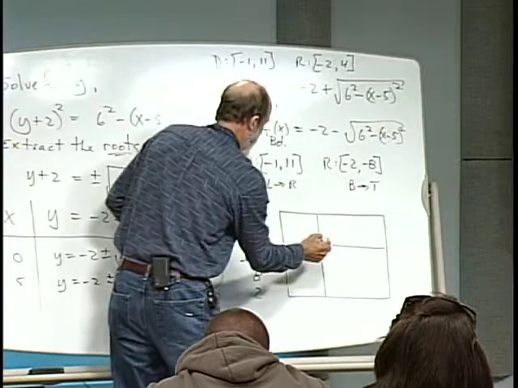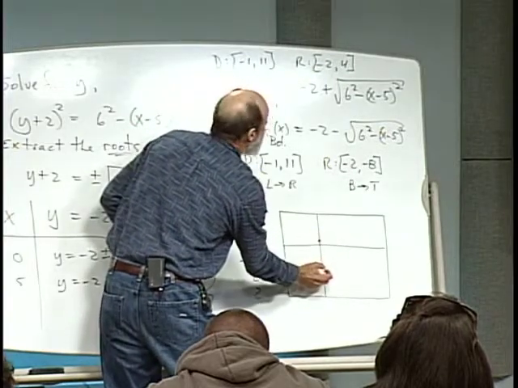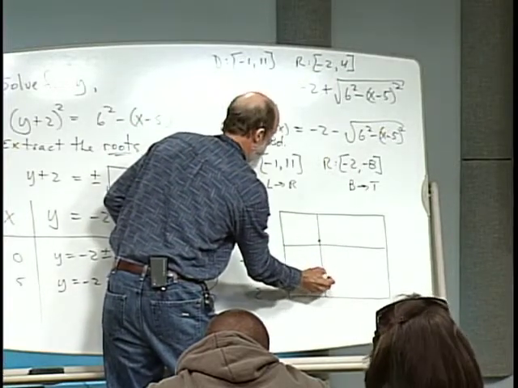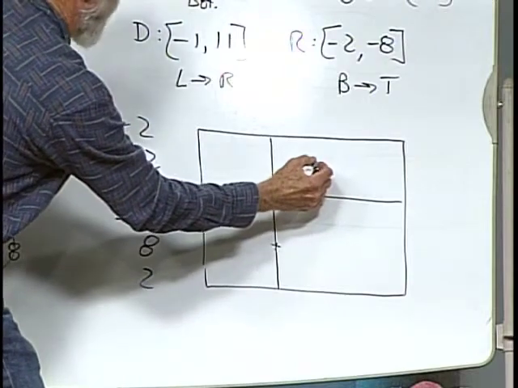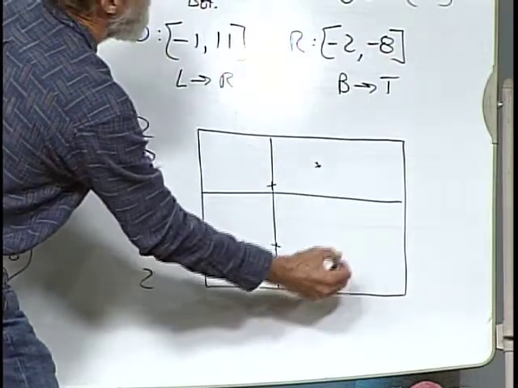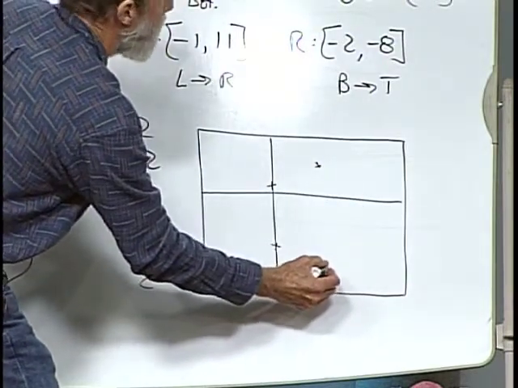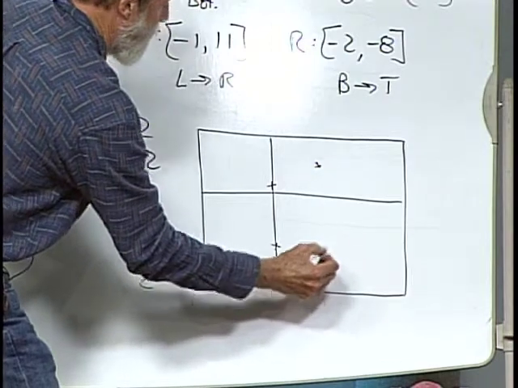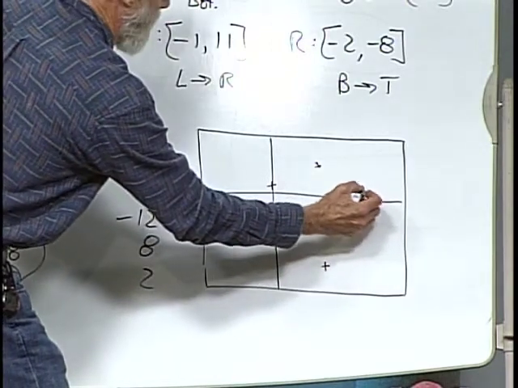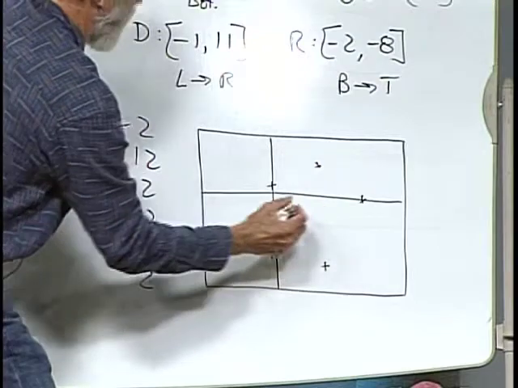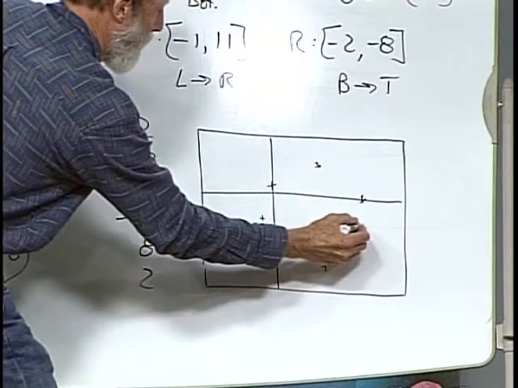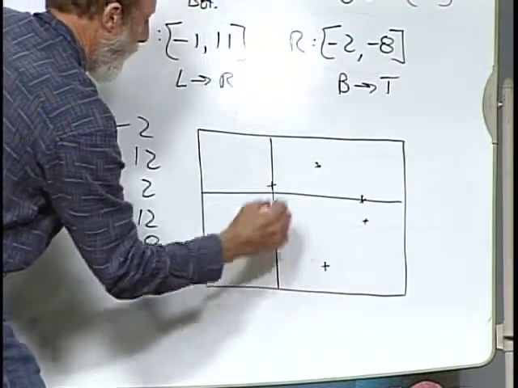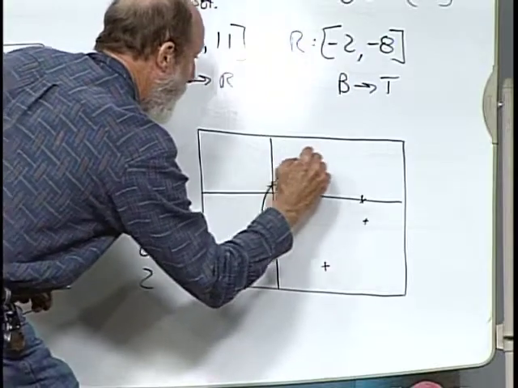You draw the graph where it hits the axes. You draw it where it hits the top and the bottom. And then where it might be left and right. And then you go ahead and sketch that thing in there.